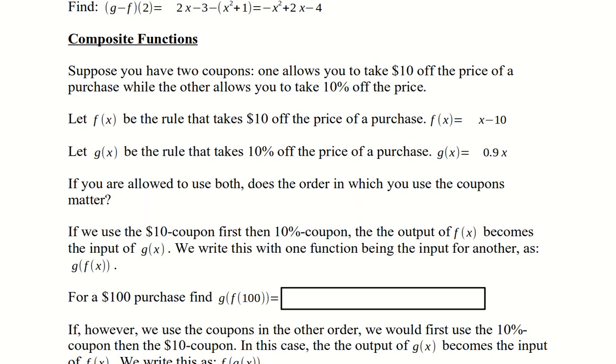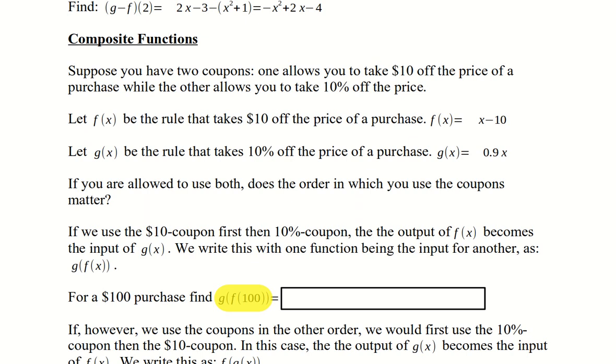So our first way of approaching this question might be to see what would happen if we used the $10 coupon first and then the 10% coupon. So what is that asking us? That's asking us to do function composition. Now, one of the nice things about using parentheses for function composition is that it looks like grouping symbols.